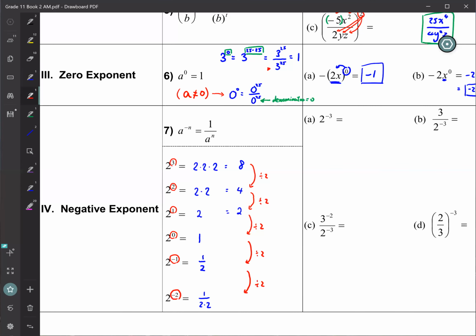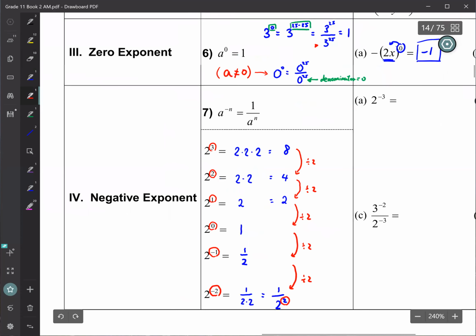That gives you 1 over 4, or I like to write it as 1 over 2 squared. So the -2 is just saying that the denominator has more 2s than the top. If it's positive, then the top has more. This is just observing the pattern.